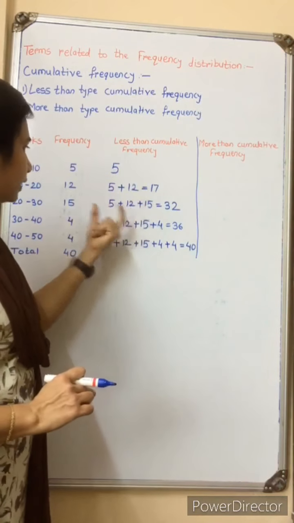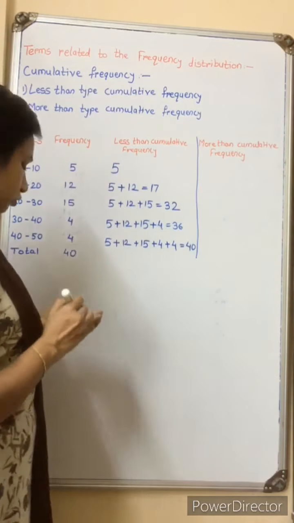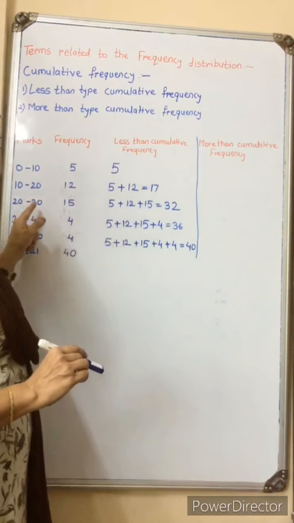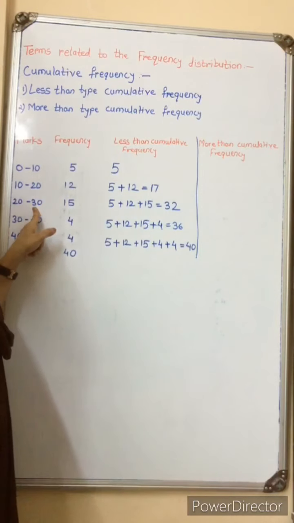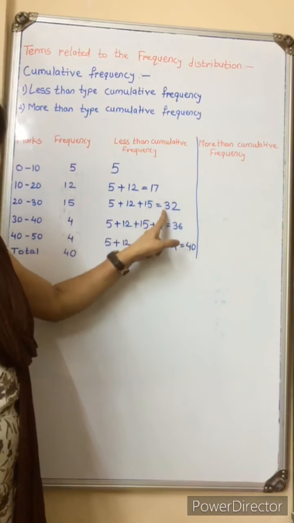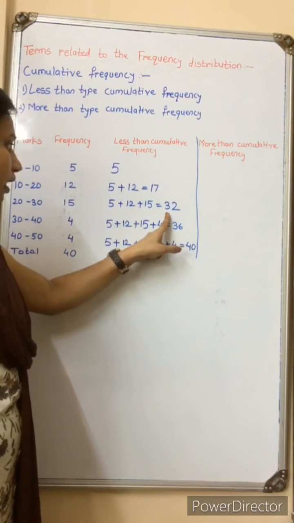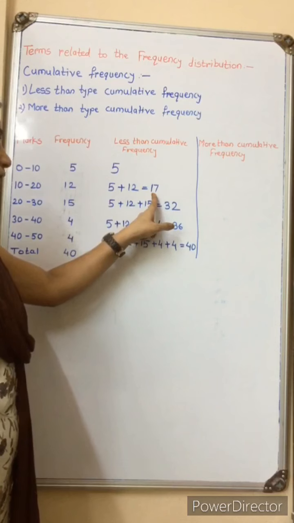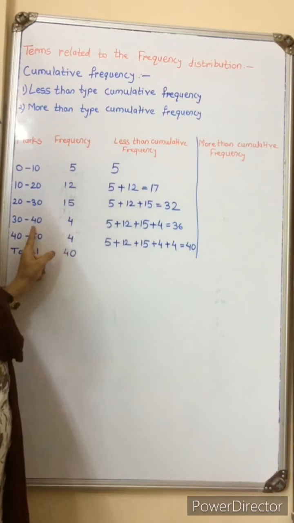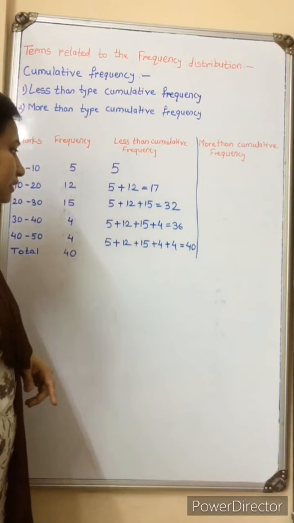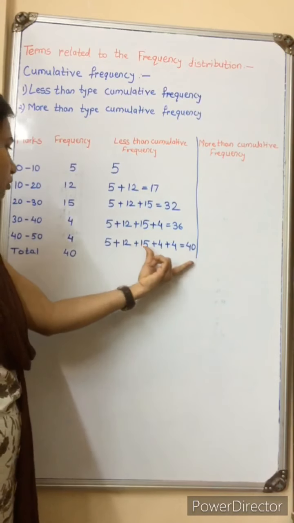Now if I want to find the number of students having less than 30 marks, there are 32 students having less than 30 marks. The number of students having less than 20 marks is 17. The number of students less than 50, or up to 50, is the same as the total.